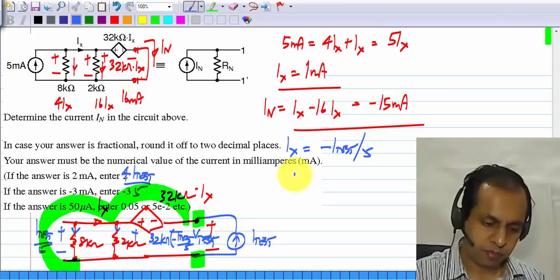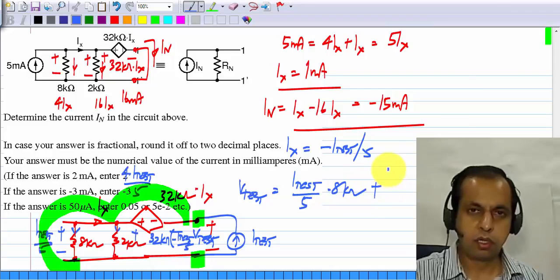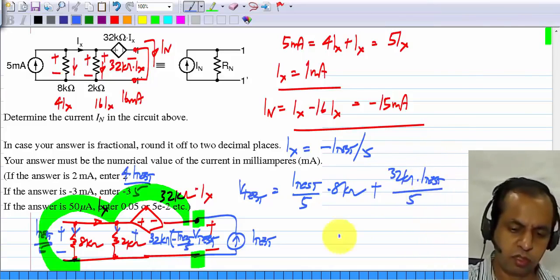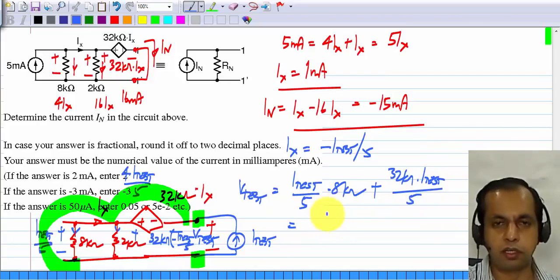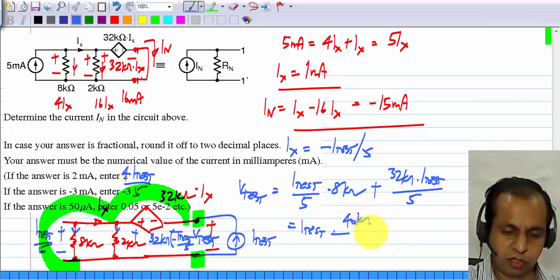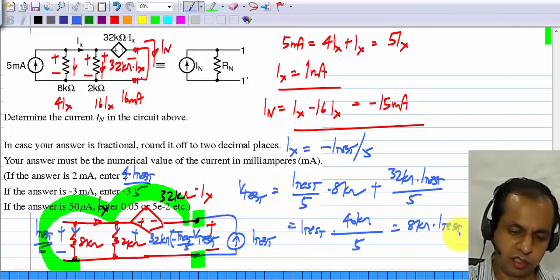Okay, so V test is I test by 5 times 8 kilo ohms plus 32 kilo ohms times I test by 5, or basically I test times 40 kilo ohms by 5, or 8 kilo ohms times I test.